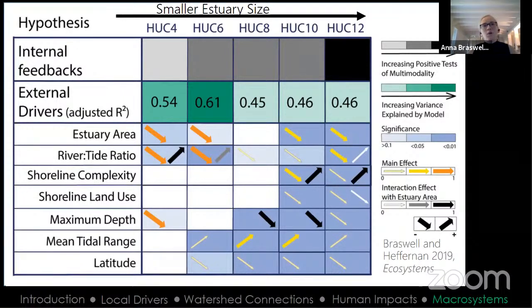Understanding what scale your driver is operating at helps us determine how changes in those drivers might affect both local and larger estuary wetland patterns.